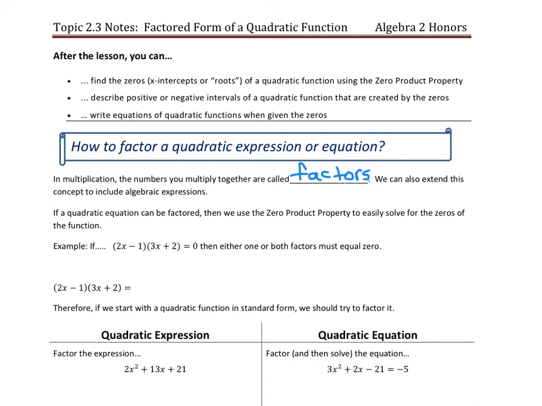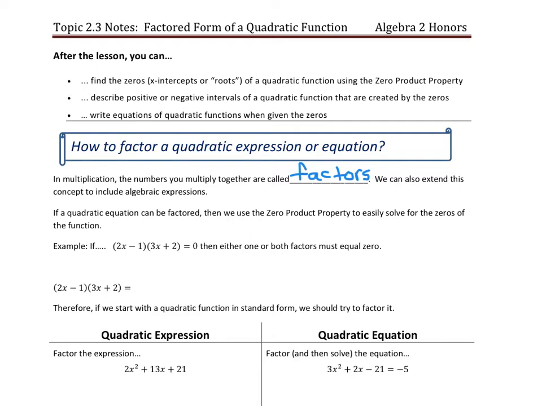Okay, so if an equation can be factored, then we can use something called the zero product property to easily solve for the zeros, or easily solve for the values of x in that function. For example, if I already have a quadratic that's factored, 2x minus 1 times 3x plus 2 equals 0. If two things are multiplying each other and getting 0 out, then we know that one or both of those things must equal 0.